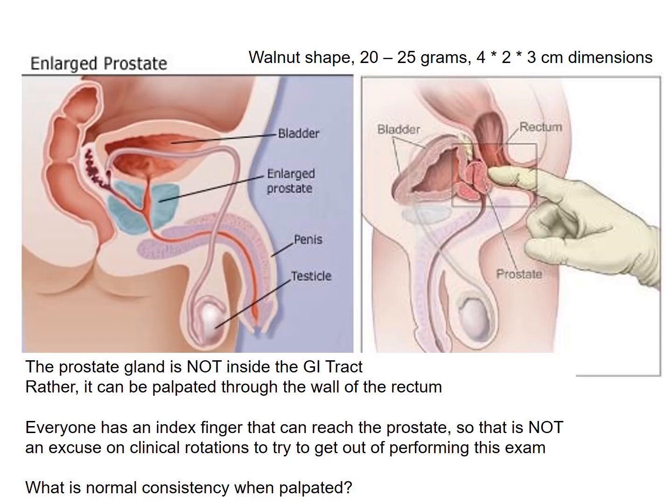Those grapes to me feel like the perfect consistency of what a normal prostate should feel like. If I just ruined large purple grapes for you, sorry, but I'm just trying to come up with something that mimics the consistency of a normal prostate gland.